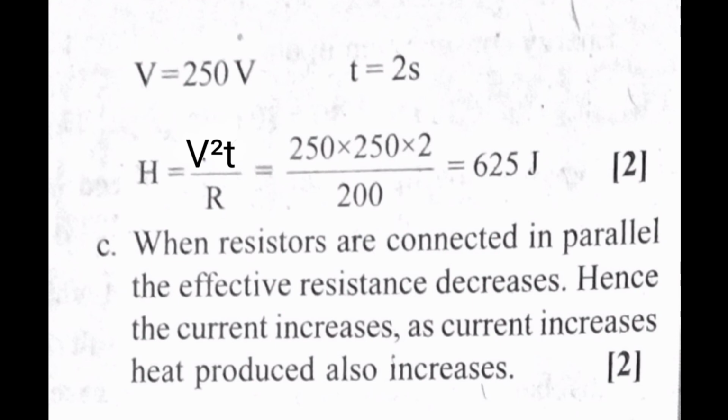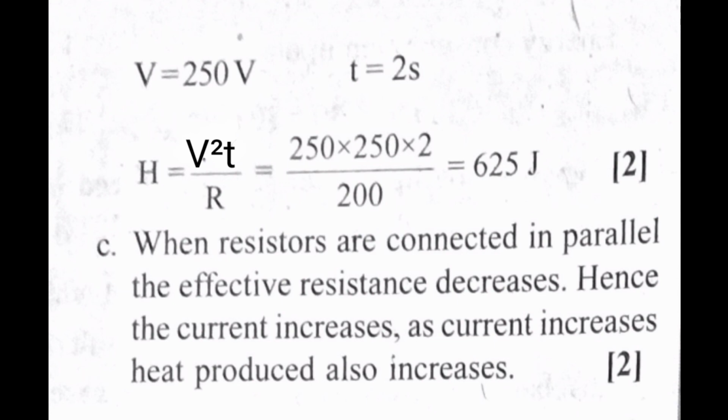The third question is, state whether the quantity of heat produced increases or decreases if these resistors are connected in parallel in the same circuit with a 250 volt supply. Justify your answer. Suppose we replace this series combination with a parallel combination, what will happen to the heat energy? That is our question. Suppose we are connecting the resistors in parallel instead of series combination.